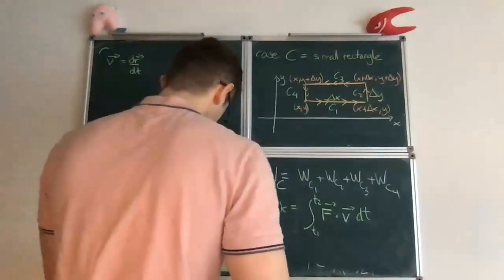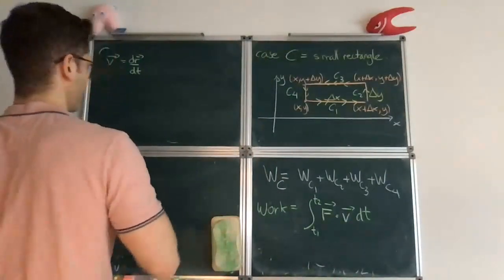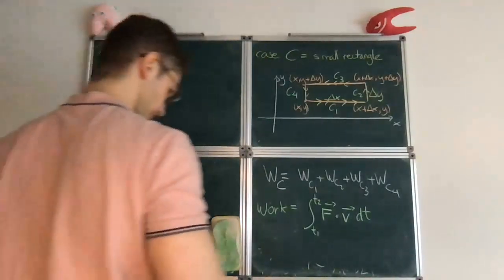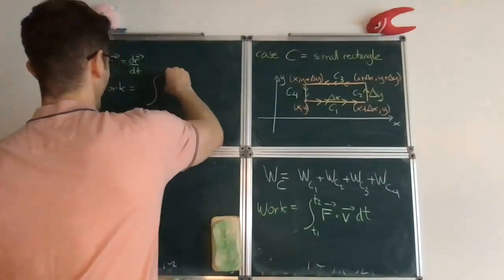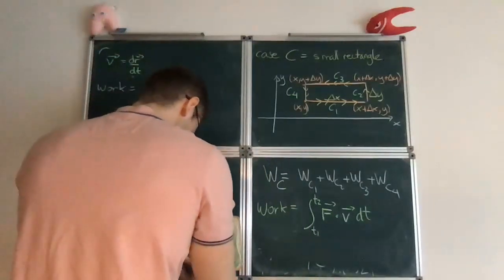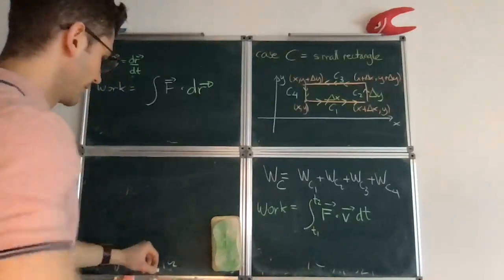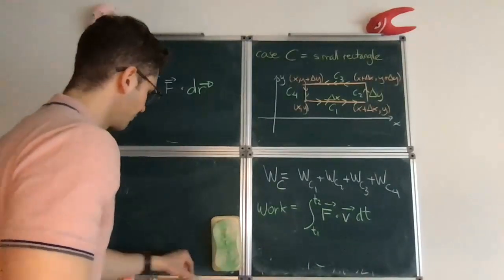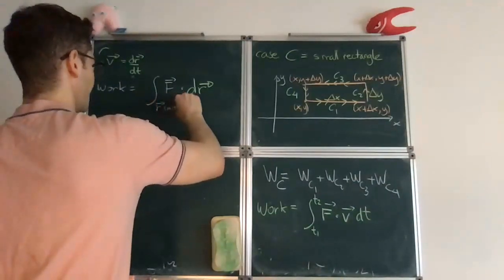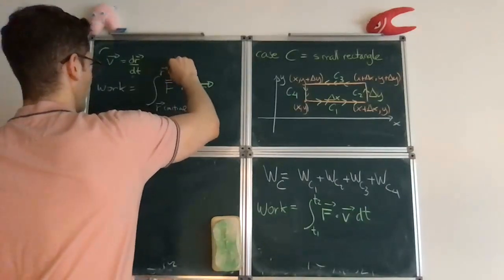So another way to write the work, which is actually a bit more useful on this occasion, is that work is just the integral, where this dt cancels this dt, so you just get F dot dr from the initial position to the final position of the position vector.